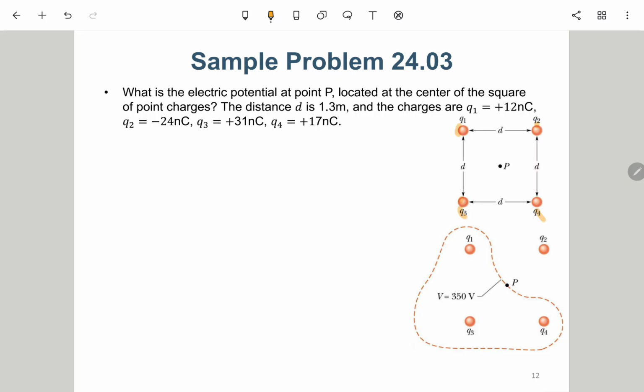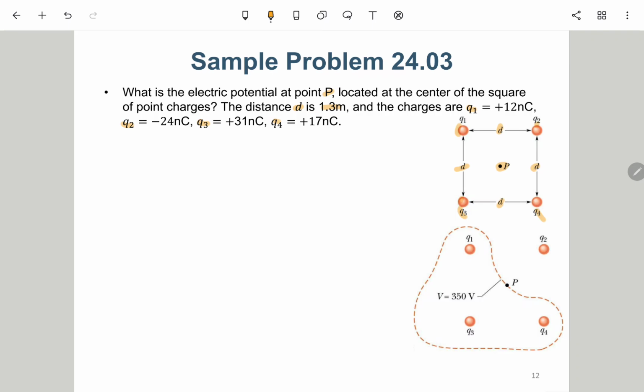What is the electric potential at point P located at the center of the square of point charges? The distance d is 1.3 meters. So 1.3, 1.3, 1.3, 1.3, and the charges are Q1, Q2, Q3, Q4.